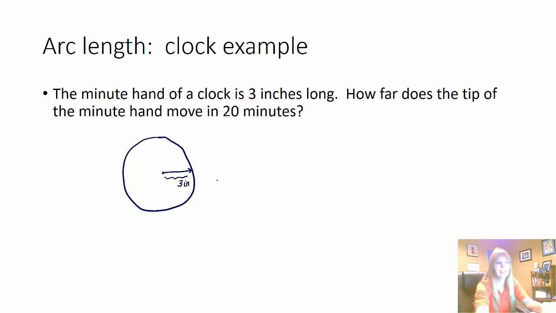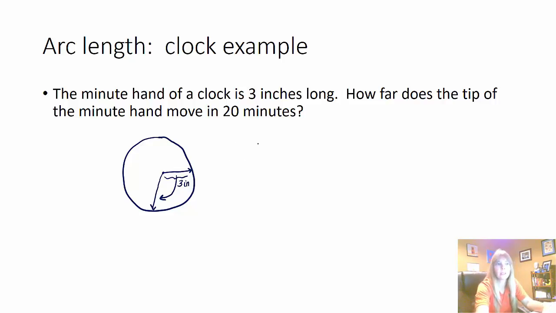It doesn't really matter where you put the starting value. I started it in standard position, with the vertex in the middle. If I go 15 minutes, I just draw a line straight down, so 20 minutes will be a little bit over here. That's how far I moved in 20 minutes, and it wants to know how far the tip of the minute hand moves.